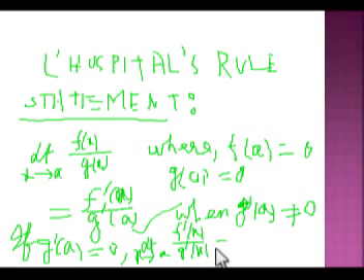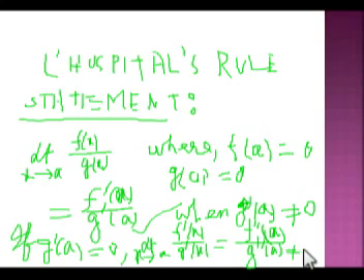This is equal to the second derivative of f at the point a over the second derivative of g(x) at the point a, where this is not equal to 0.